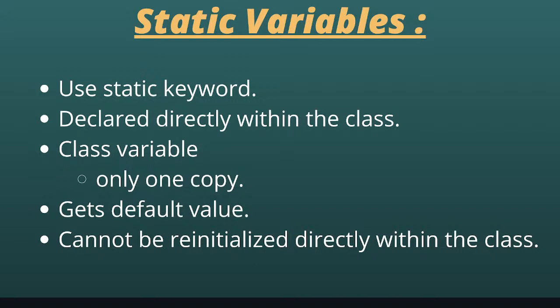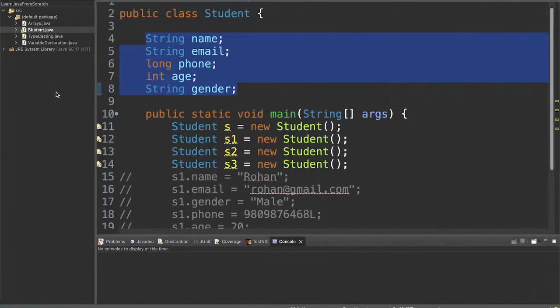So we'll see that as well. First let us understand this: for declaring any static variable you have to use the static keyword before it. So this is how I declare a static variable.